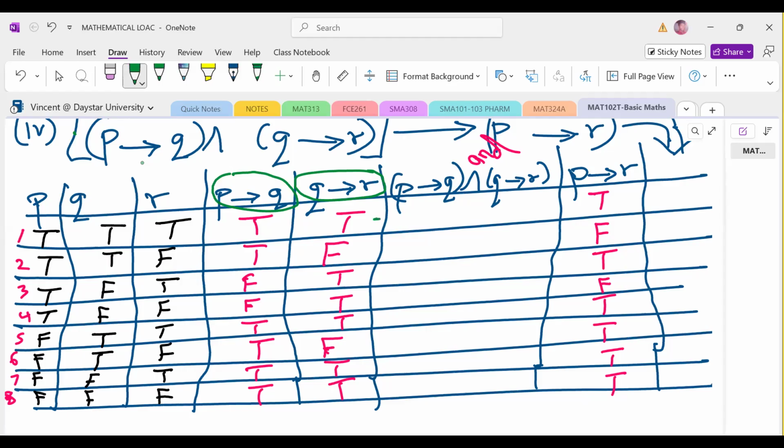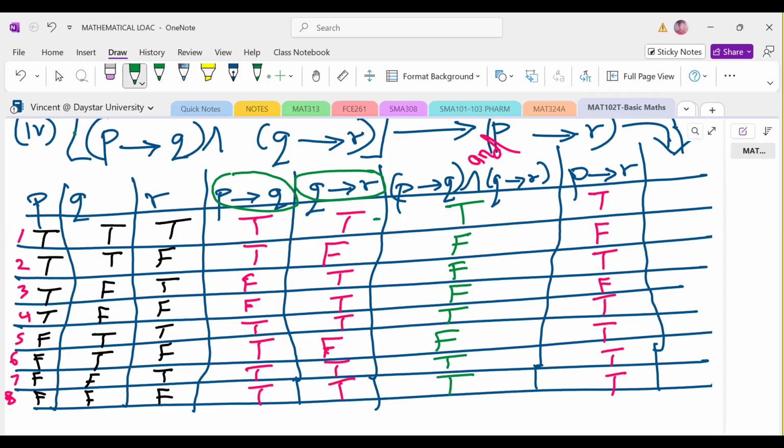True and true gives true. True and false, false. False and true, false. False and true, true and true, true and false, true and true, true, true and true, true.